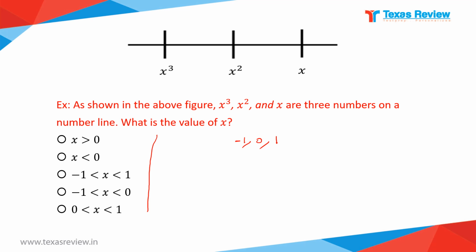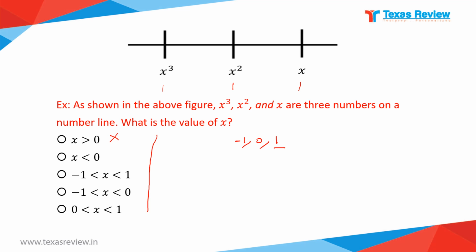For example, the first option says x is positive. In this case I can plug in 1 because x can be 1. So if x is 1, x cube is also 1, x square is also 1 and x is also 1, and we can't represent one number at three different points on a number line, so the first option cannot be our answer.